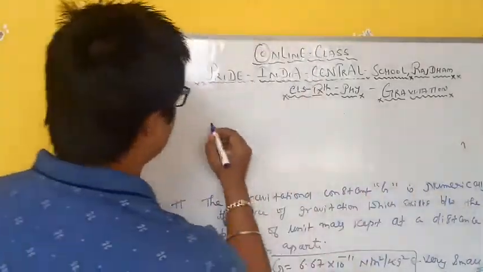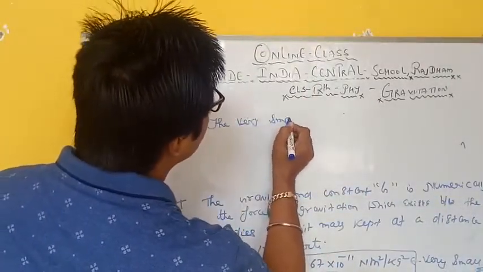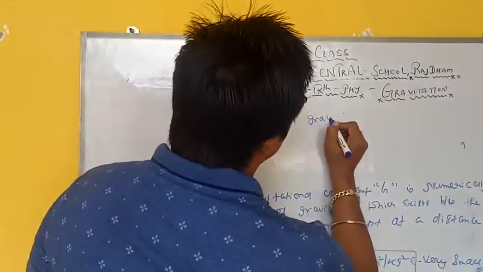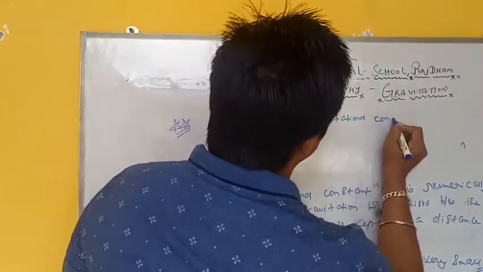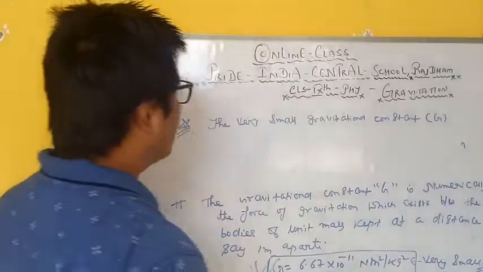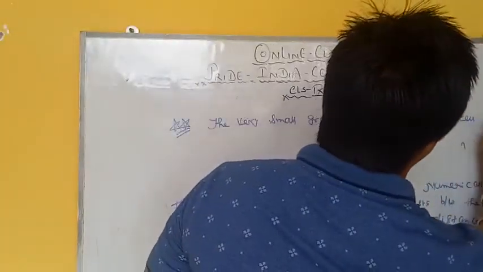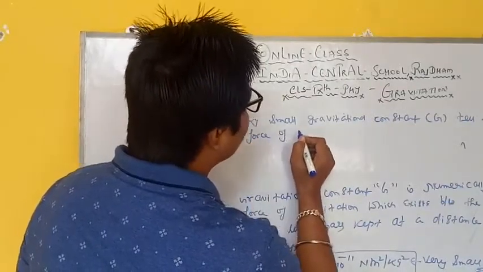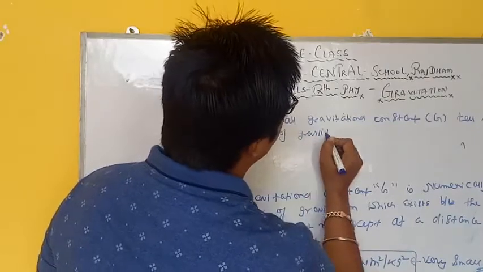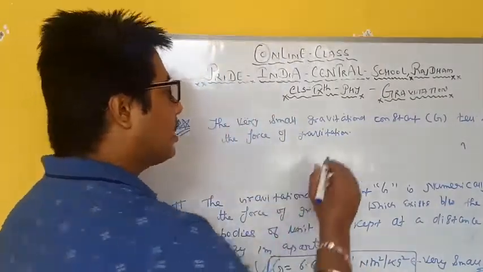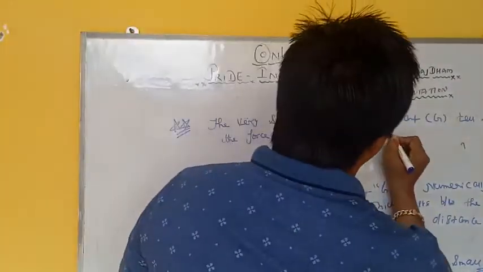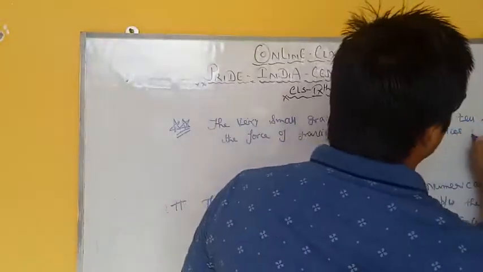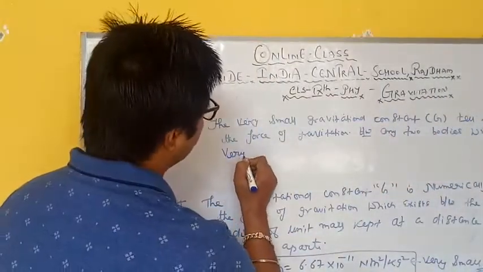So I will write it here. The very small gravitational constant G tells us that the force of attraction or the force of gravitation between any two bodies will be very weak.